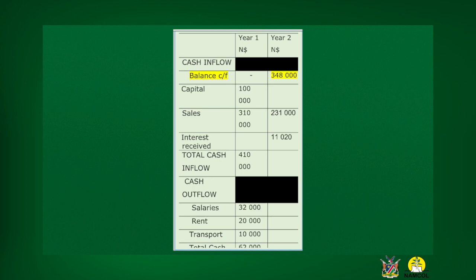Here are your cash inflow for year 2 as indicated. Do you see? Now, we do the same with the expenses of year 2 because they are your cash outflow.